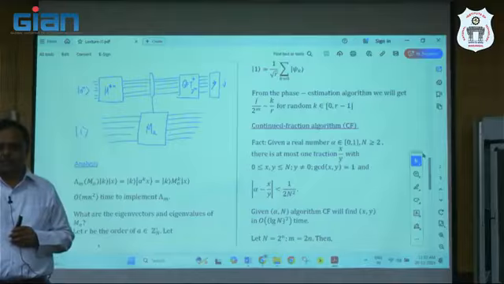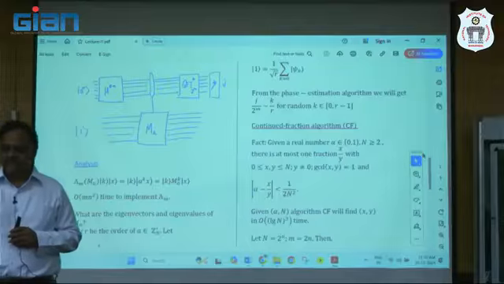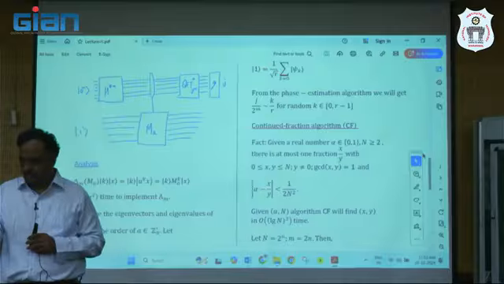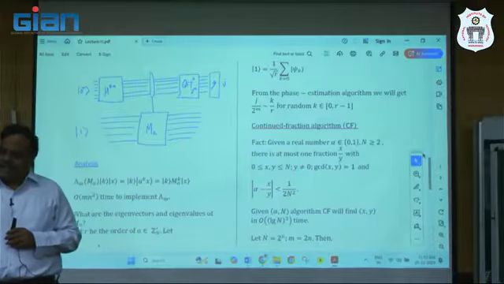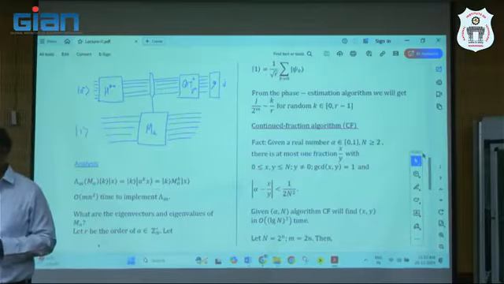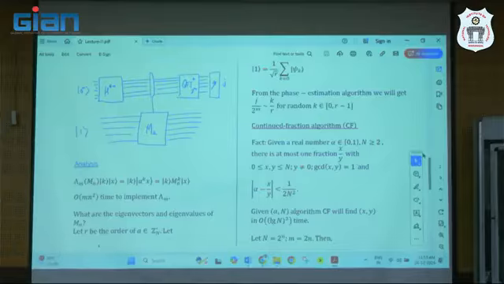But that fractional part is between 0 and 1. So let's say f is the fractional part. I look at 1 over f. Then I again take the integer part out of that, take the fractional part, do 1 over that, take the integer part, like that. That is the continued fraction, we'll see it. We'll definitely see this one. This is important, so at least we'll see what is continued fraction. Such an algorithm is there, okay?